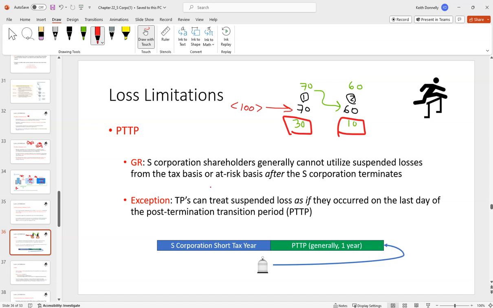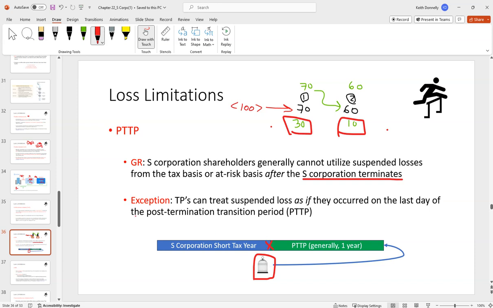The exception basically says a few different items. Essentially, once an S Corp terminates, you're generally not going to be able to utilize these trapped losses, like these guys right here. So if you terminate, it's like, uh-oh, you lose these things.